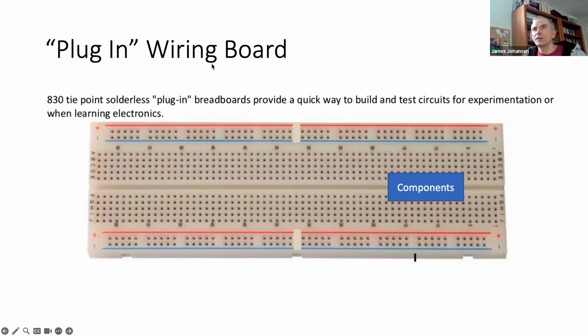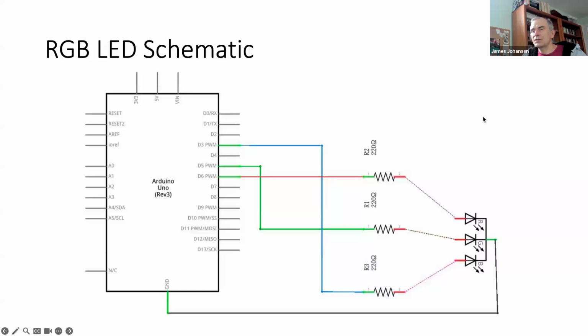And so it's a wiring board or solderless plug-in breadboard is what it represents. And there's a couple different ways of how you can be looking at it. For the engineers, this is probably helpful for you to see where these wires are connected.